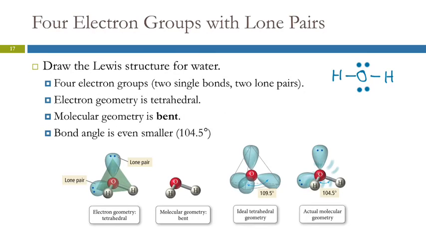Okay? So I've got a tetrahedron, and there's 4 points on the tetrahedron. 2 of them are going to be hydrogen atoms, and 2 of them are going to be lone pairs. So the electron geometry, the geometry of the electron groups, is a tetrahedron. To do the molecular geometry, I make these invisible.